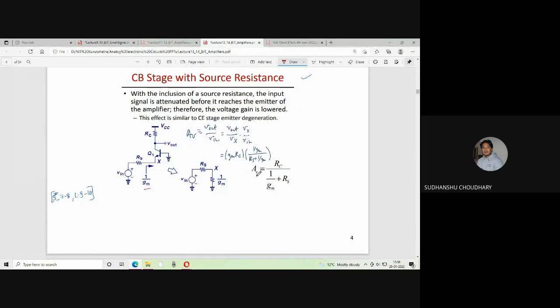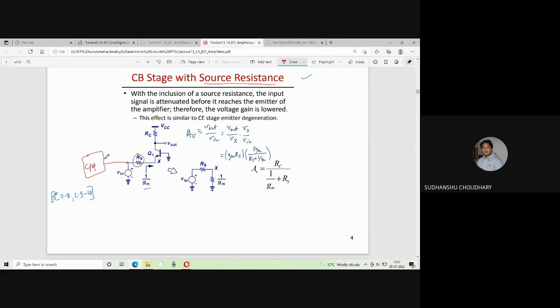In the previous example, we had not considered the source resistance present at the input side. That is this resistance, which was not considered. When input is connected, it may be associated with its source resistance, or I may have another stage of circuit connected to this as input.